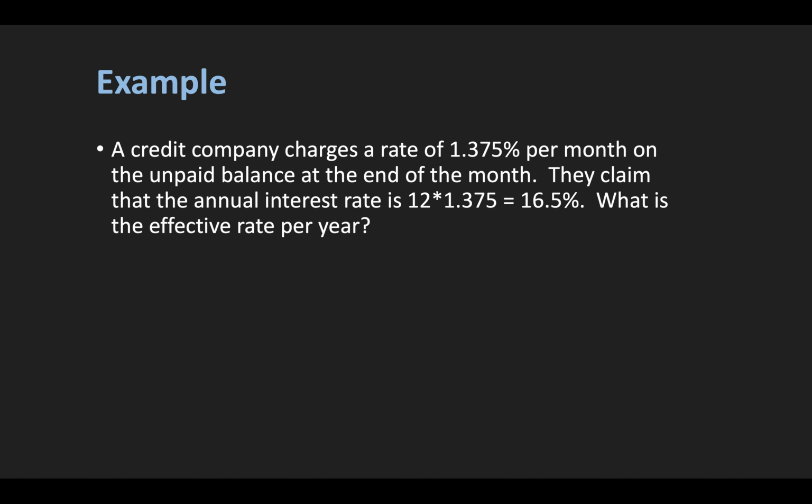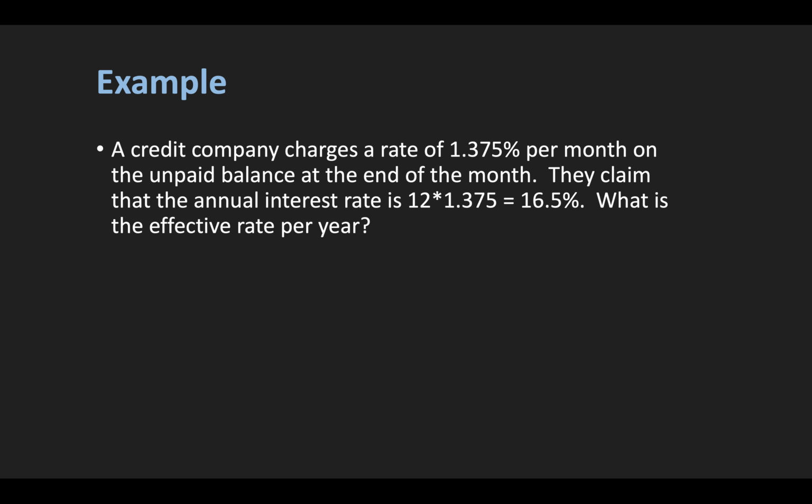Last example: the credit company charges a rate of 1.375% per month on the unpaid balance at the end of the month. They claim that the annual interest rate is 12 multiplied by 1.375, which equals 16.5%.